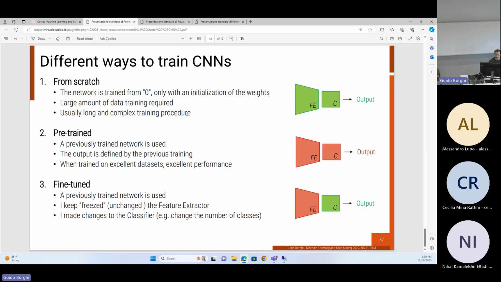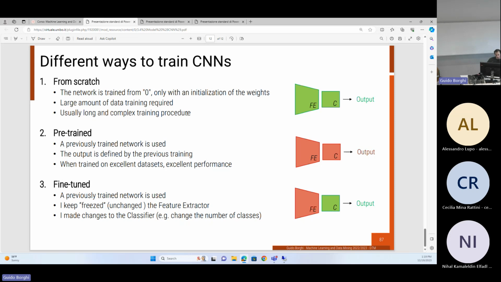Therefore, to train this network, we must use a large amount of training data, in particular annotated training data, since in these lessons we are in a supervised learning setting. And usually the training steps are long and very complex.